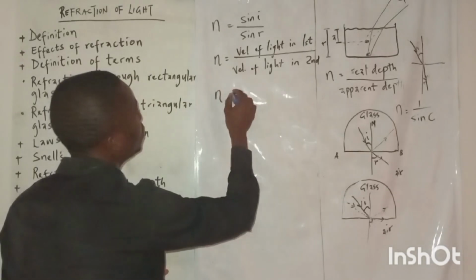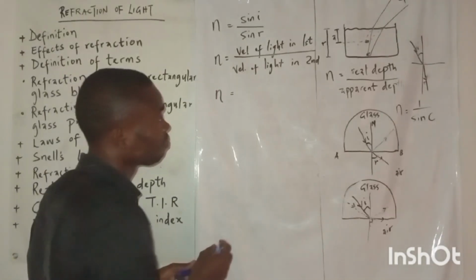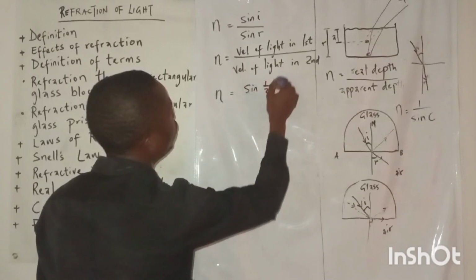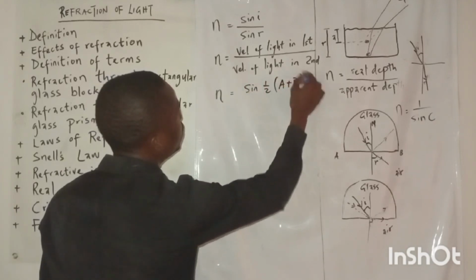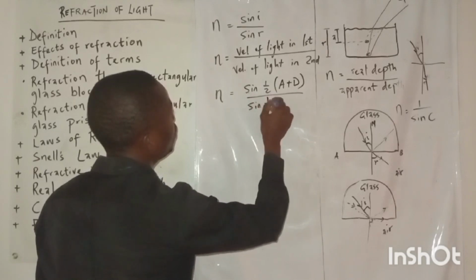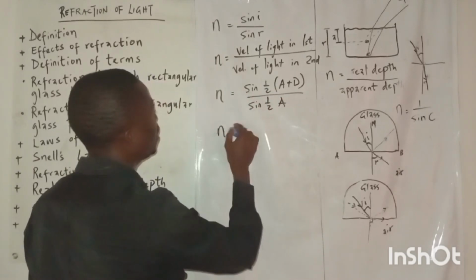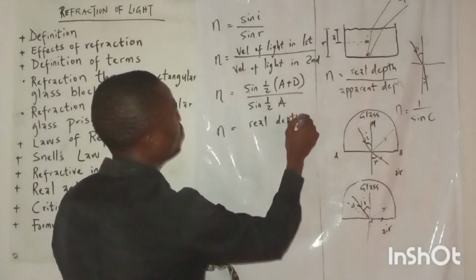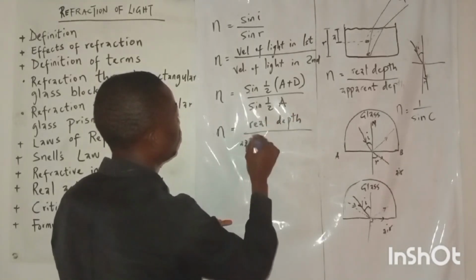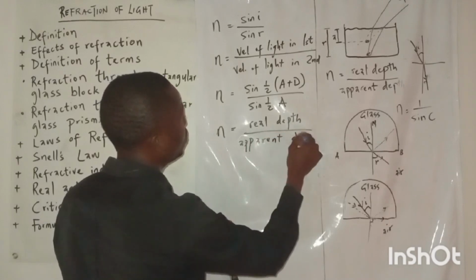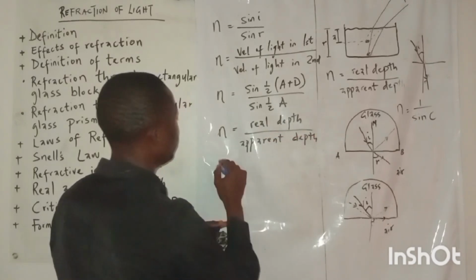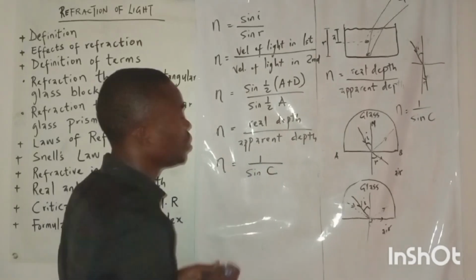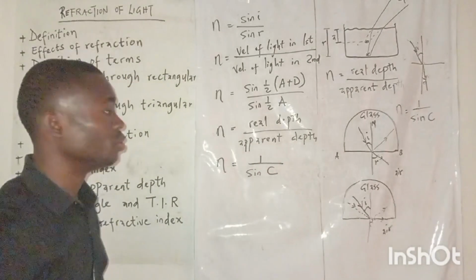We have also seen that it is equal to sine half (A plus D) all over sine half A, and then we have seen that it is equal to real depth all over apparent depth, and we have equally seen that it is equal to 1 over sine C, where C is the critical angle.